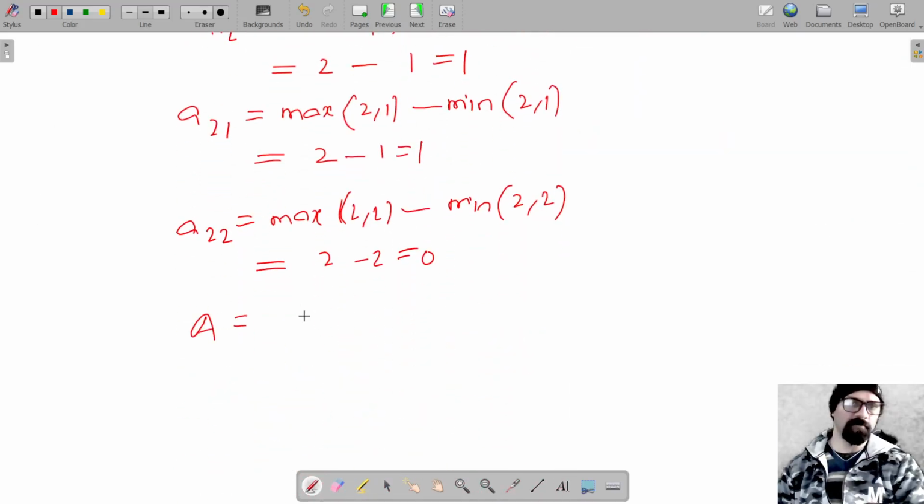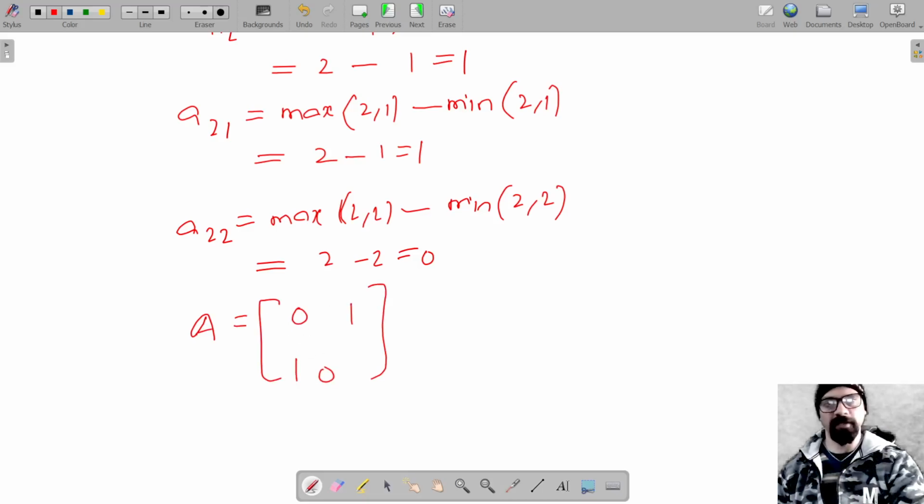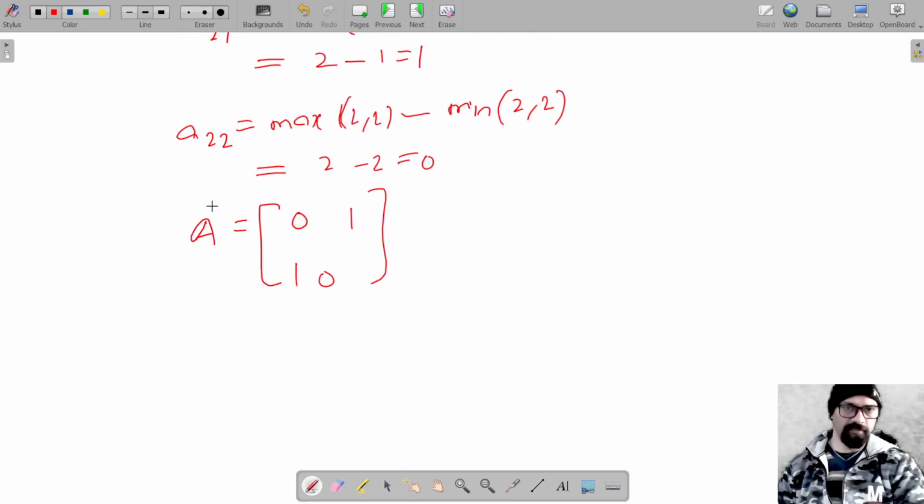So A is equal to [0, 1; 1, 0]. And we have to find the square of A. So let's find out the square of A. If you have to find the square of A, we have to multiply this with [0, 1; 1, 0].